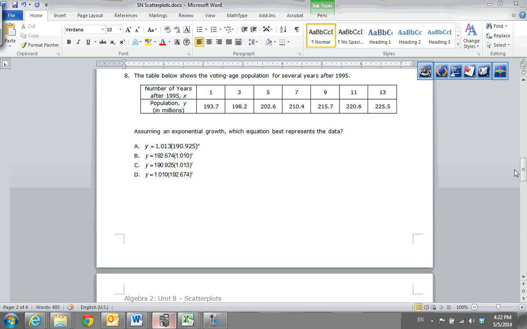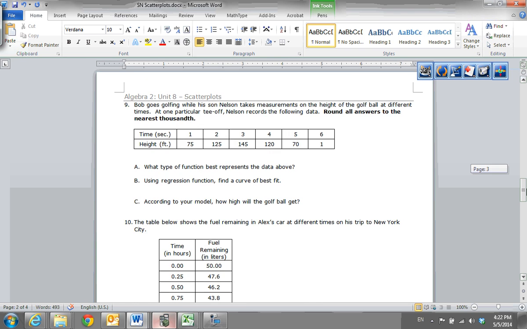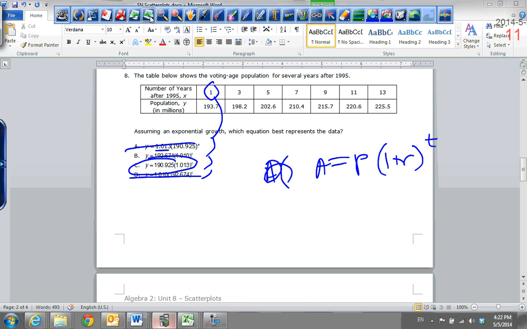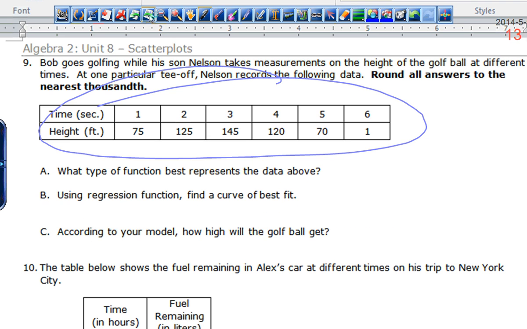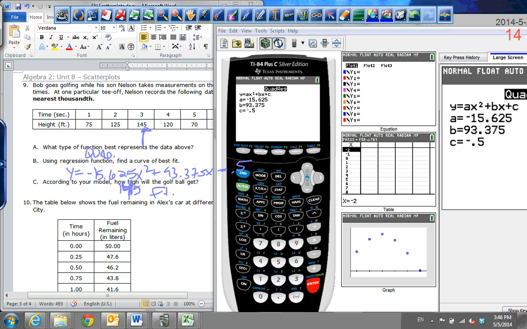Okay. And the last couple, number 9, I think I have the answers here. Yeah. Number 9, it's quadratic. There's the equation. I even have a screenshot of my calculator for you. And then obviously the highest point is 3 comma 145.